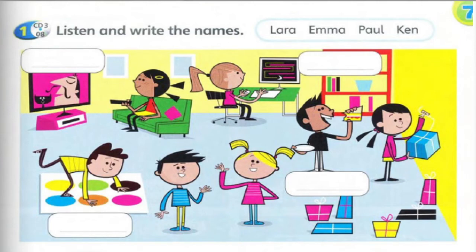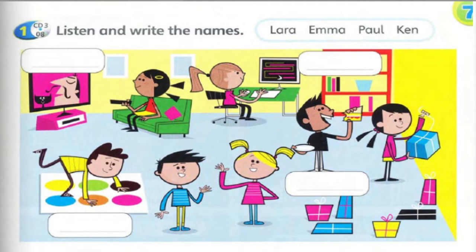Student's Book, page 85. 1. Listen and write the names. Hello. Hello. These are my friends. Paul's wearing a black t-shirt. Is he eating cake? Yes, that's Paul. Now look at the boy playing a game on the floor. That's Ken.